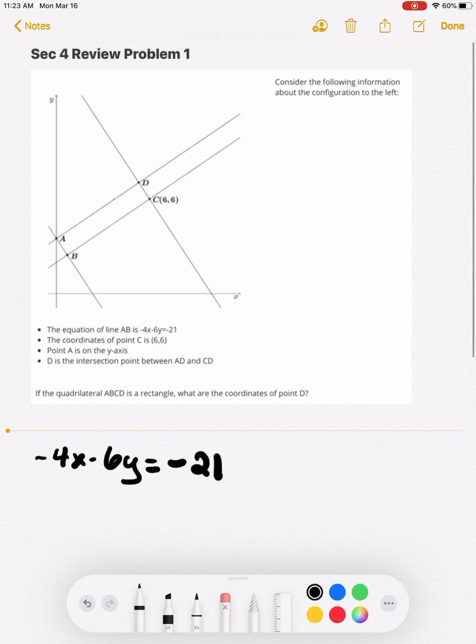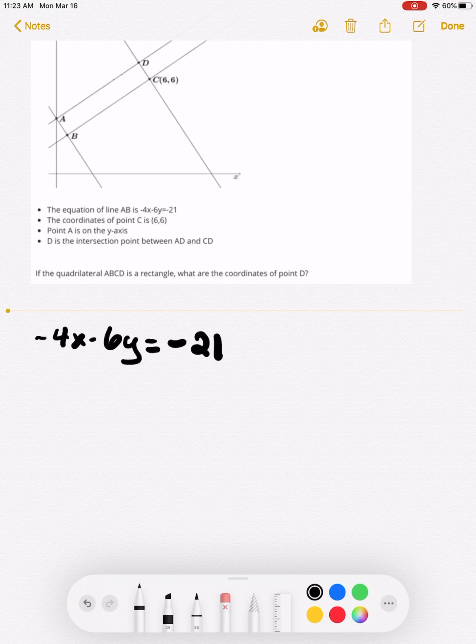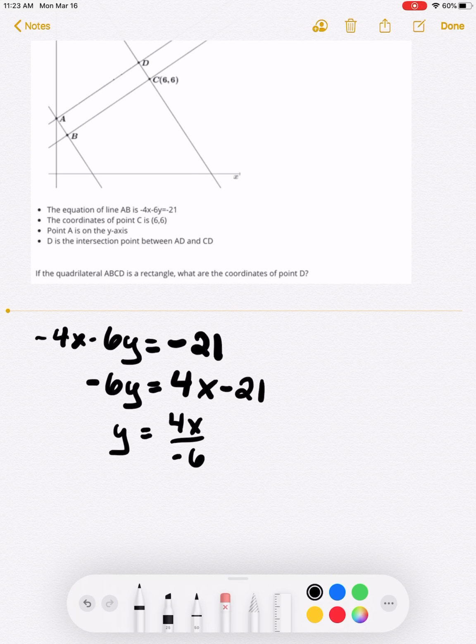All right, so let's put that into functional form. We can first move the minus 4x over. We'll get 4x minus 21. And then finally we can divide by minus 6, so do it individually first.